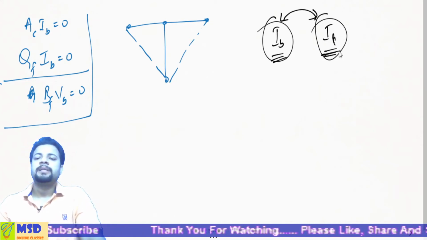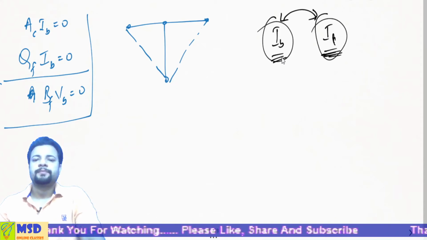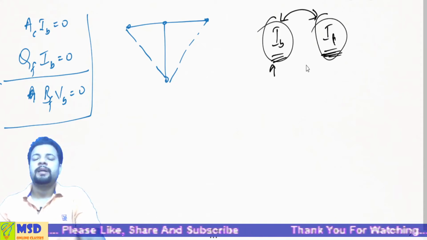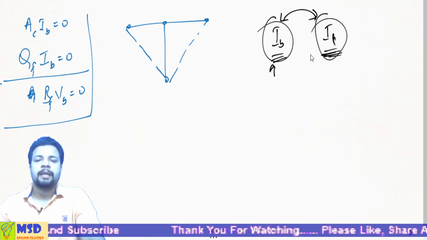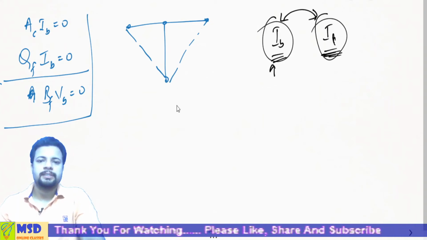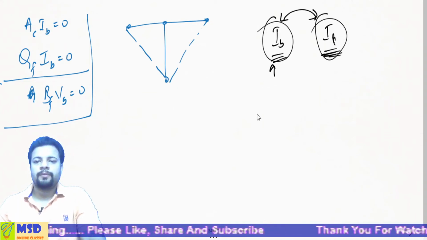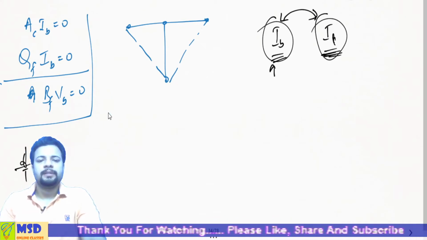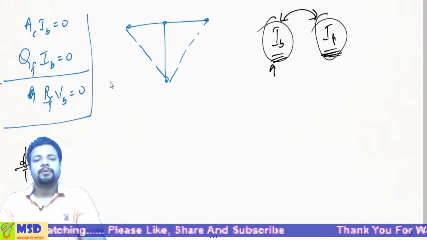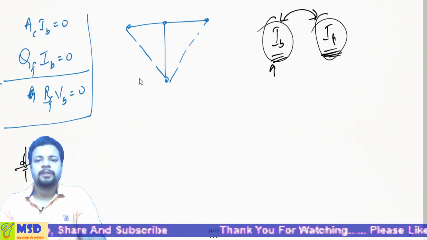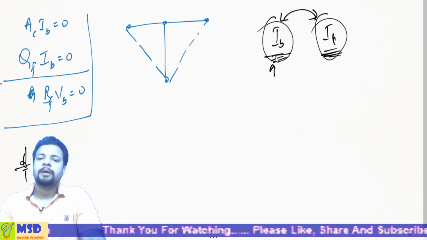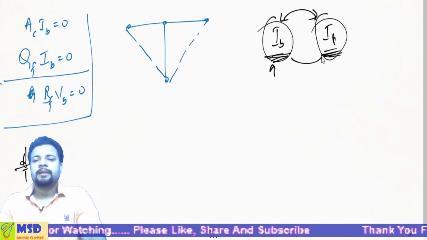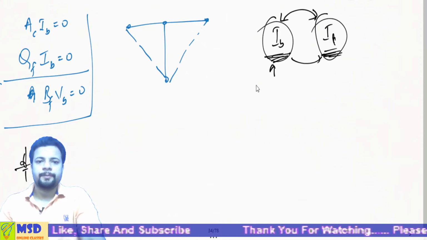From loop analysis we can obtain the IL matrix, and we need a relationship between IL and IB to get the branch currents. For example, if you have a network and through any resistor you are supposed to determine the current, you require the branch current vector rather than the loop current vector.